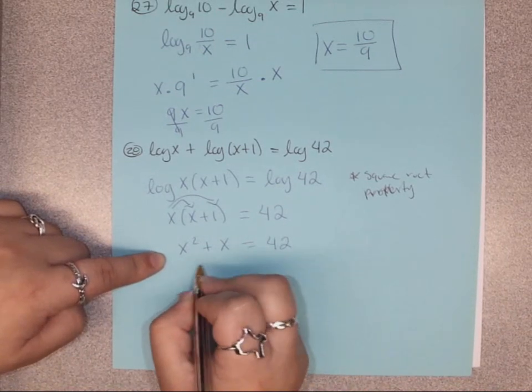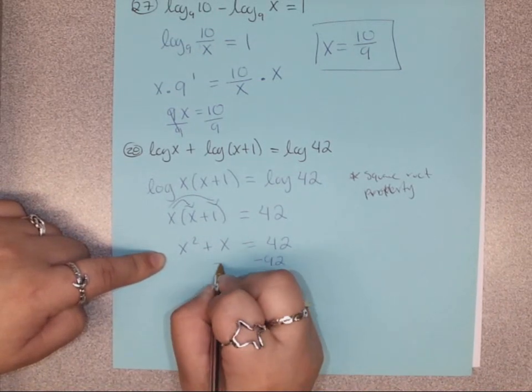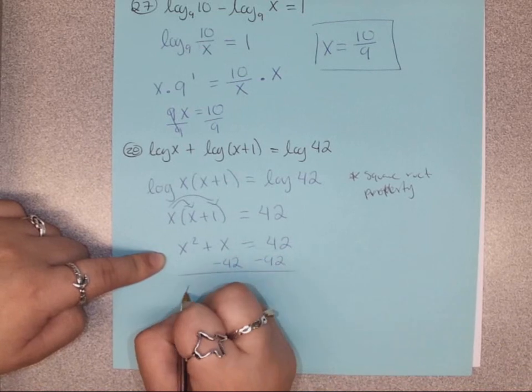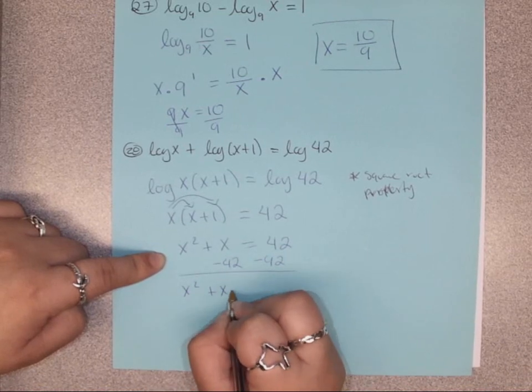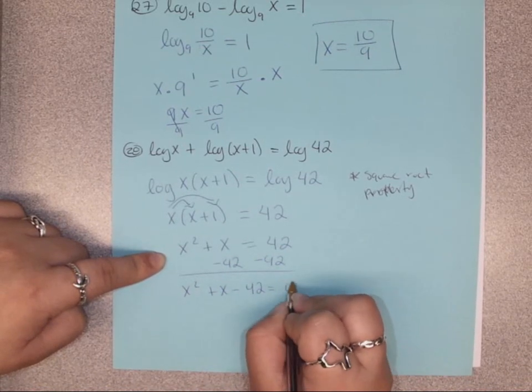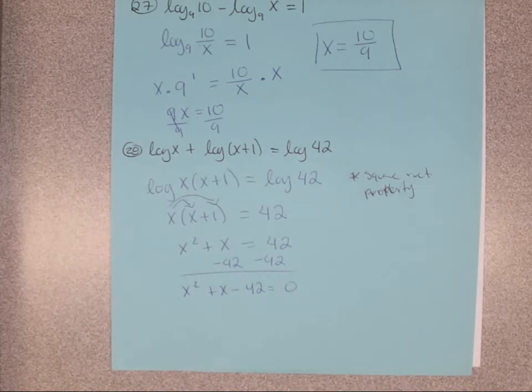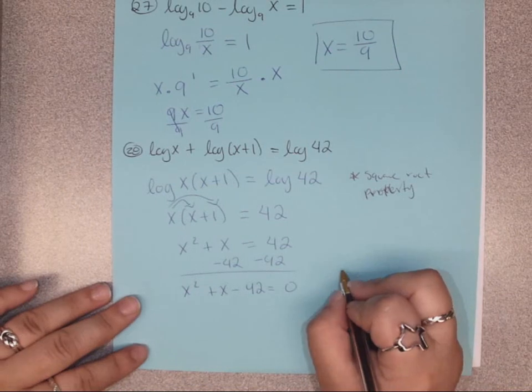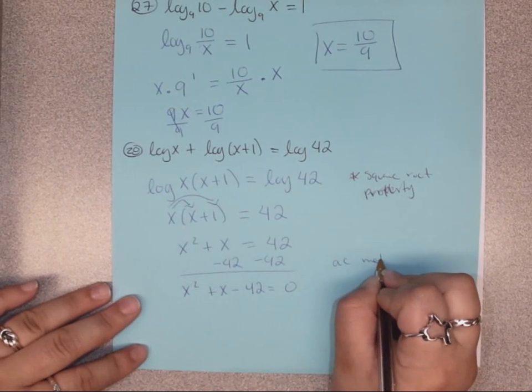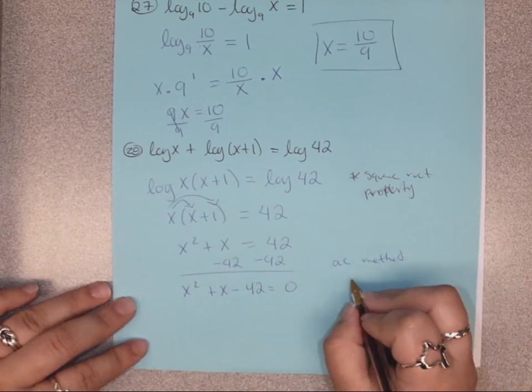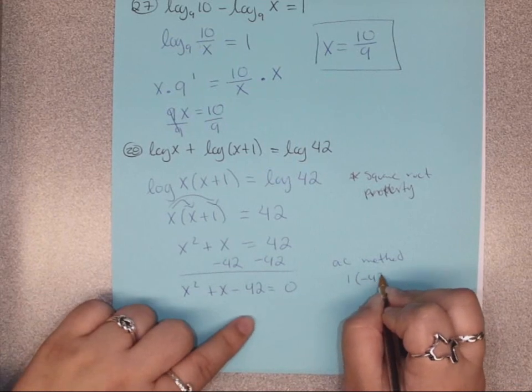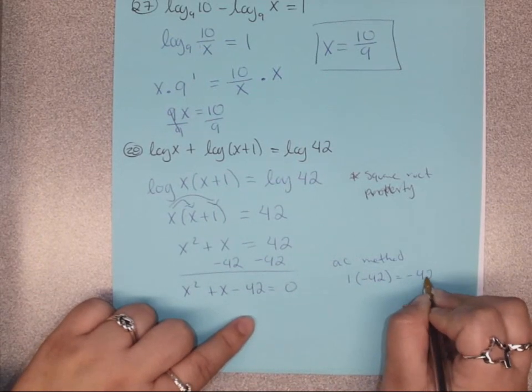So I need to move my 42 to the other side. So I end up with x squared plus x minus 42 equals 0. Now that it's equal to 0, we can actually apply the AC method. So I have 1 times negative 42 equals negative 42.